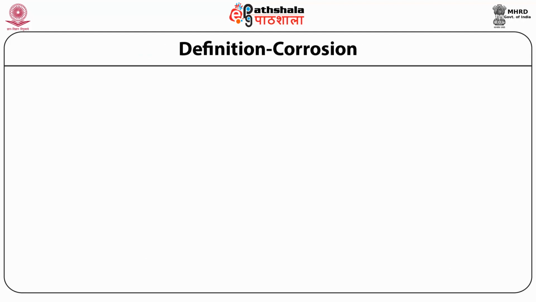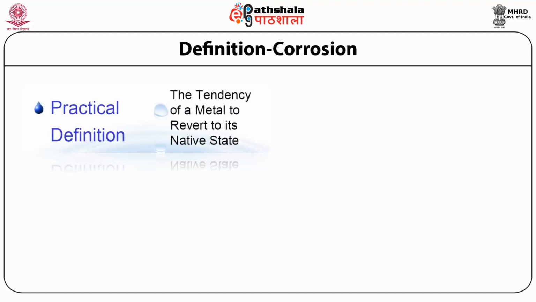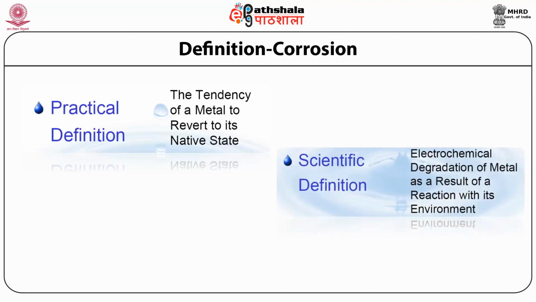Now students, let us discuss the definition of corrosion. The practical definition of corrosion is the tendency of a metal to revert to its native state, whereas the scientific definition is the electrochemical degradation of metal as a result of a reaction with its environment.